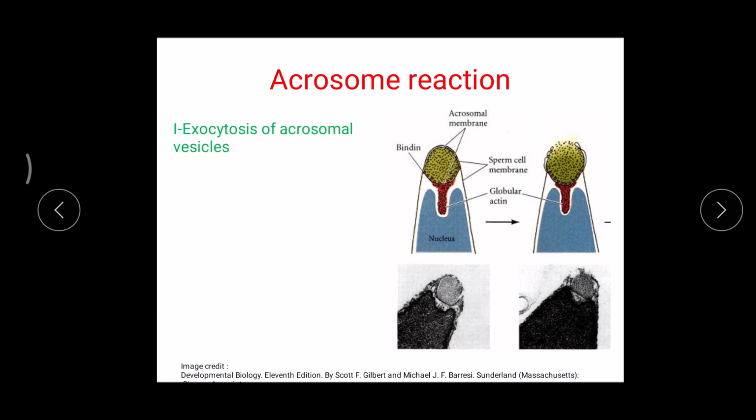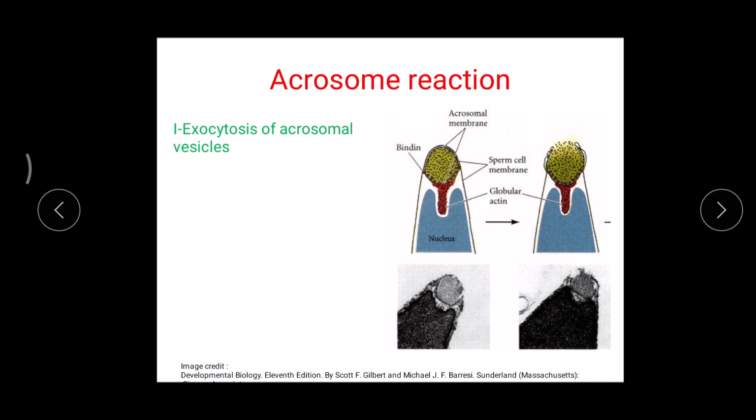Acrosome reaction is categorized into two steps. The first one is exocytosis of acrosomal vesicles. We just saw the structure of the acrosome. So once the spermatozoa come in contact with egg jelly, that is a trigger for this acrosome to dissolve this membrane. And what is the trigger?